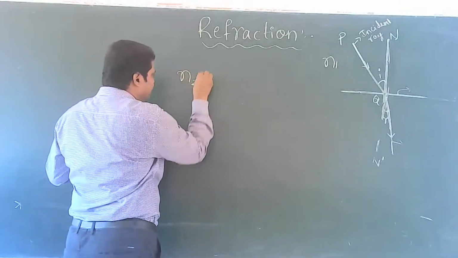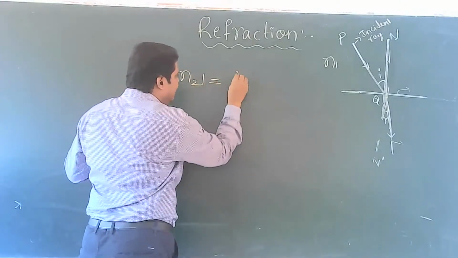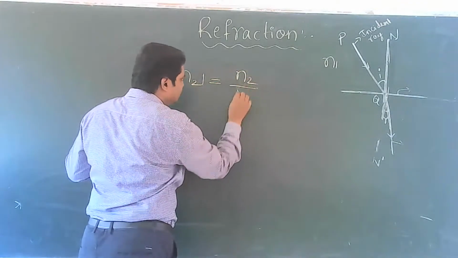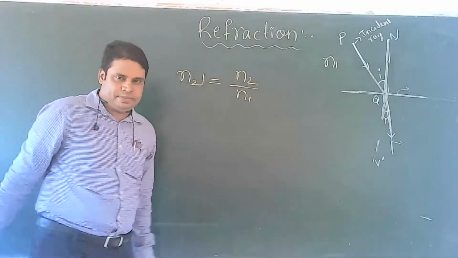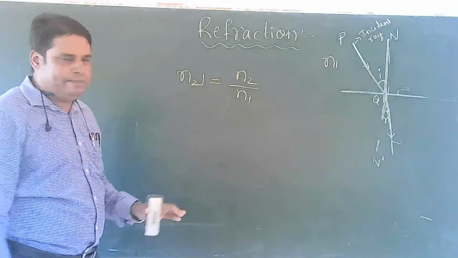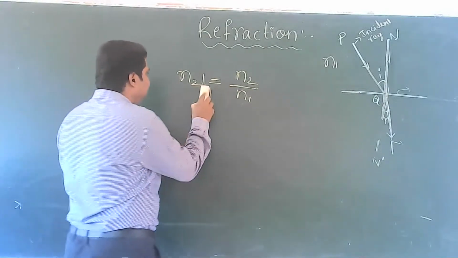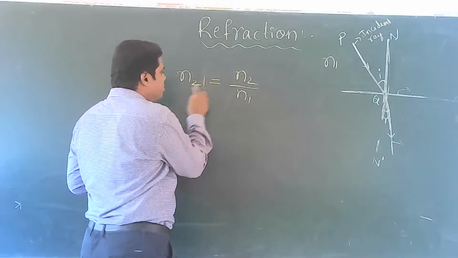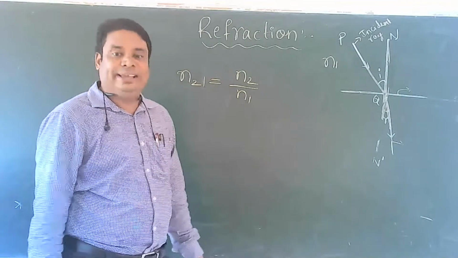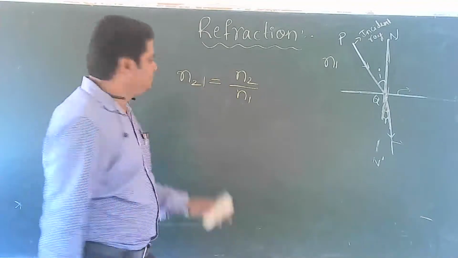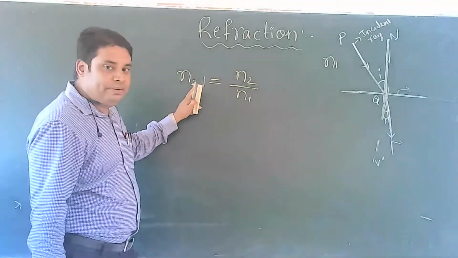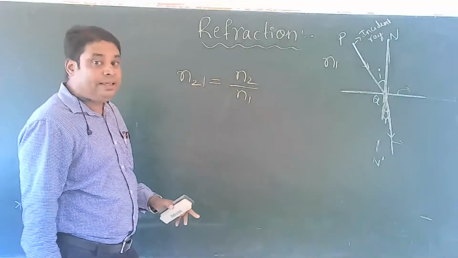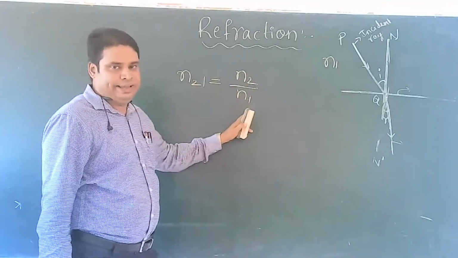N21 is equal to, we can write it as N2 by N1. Remember, we can do this. N21 is also equal to N2 by N1. The refractive index of the second medium with respect to the first medium is written as N2 divided by N1.